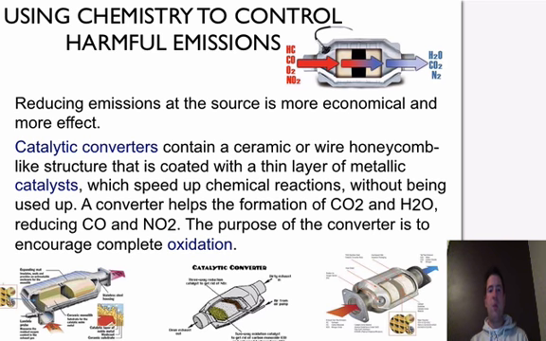So when we're using chemistry to reduce these harmful emissions, reducing emissions at the source is more economical and more effective. So trying to eliminate, say, automobile emissions, right? The majority of us have 1, 2, some of us have 3 vehicles.